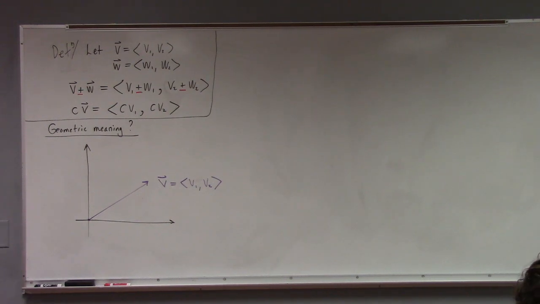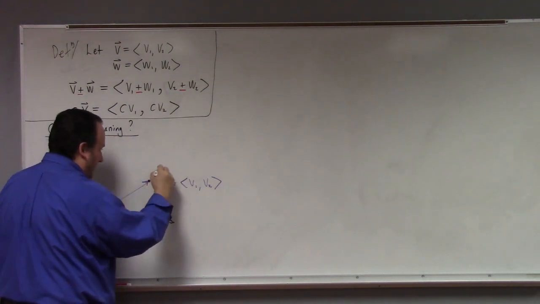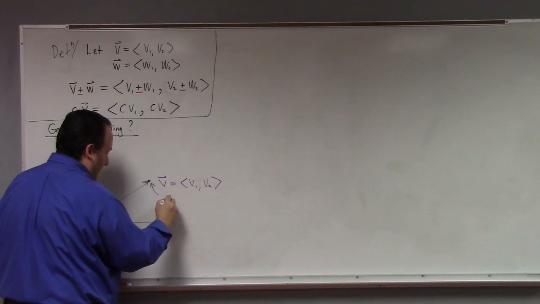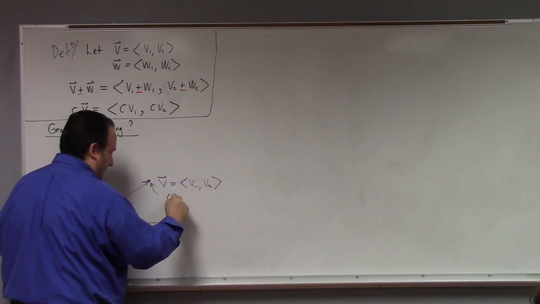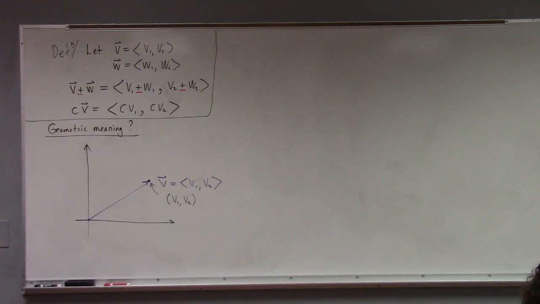Now I should point out something here. The point right here, what is this point? That point is V1, V2. So this is V as a point, if you like. There's a natural identification of vectors from the origin with points. And that's why it's reasonable to add vectors to points.